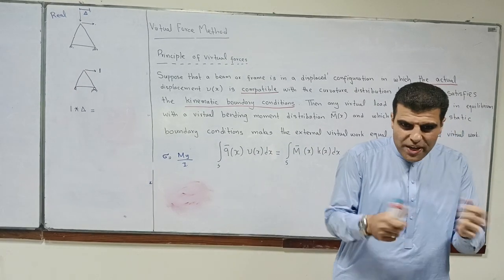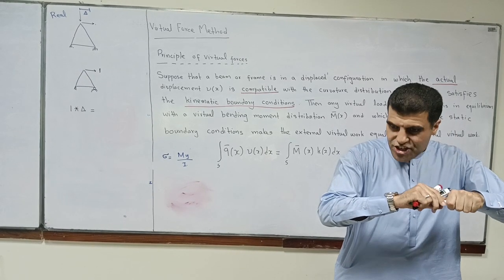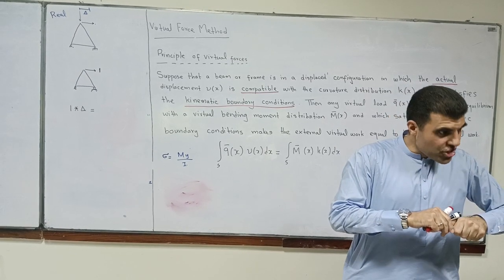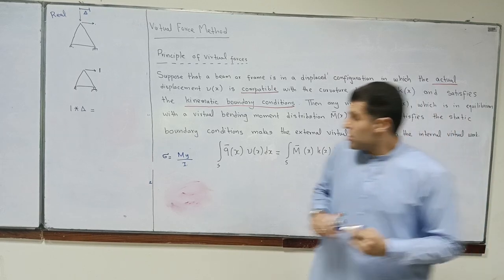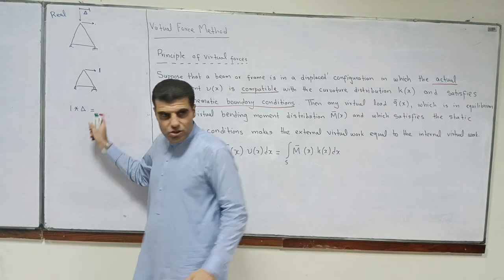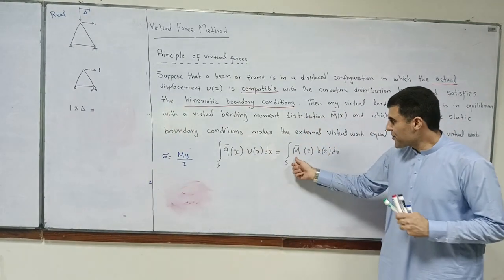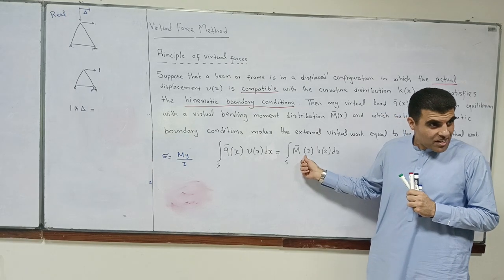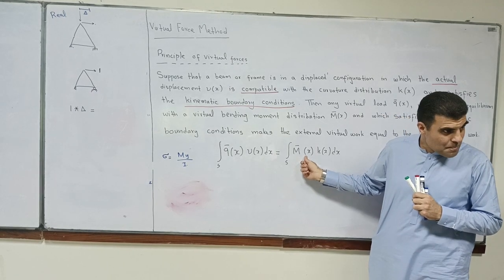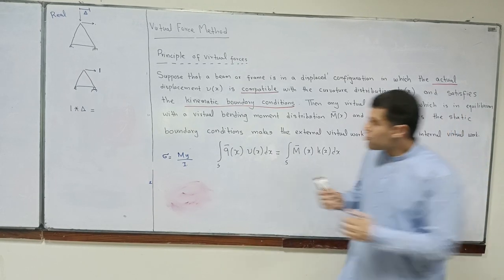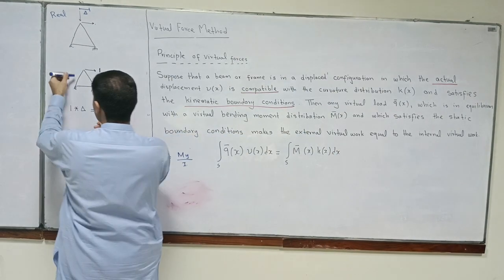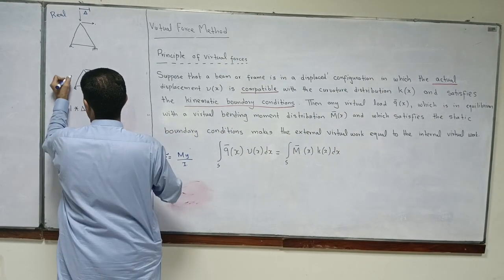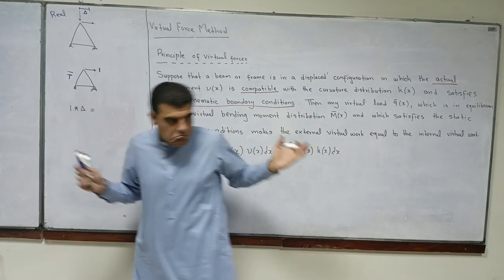So in trusses what do we have? Extension, so tension or compression, axial force. Instead of this we should have axial, but that should be virtual, shouldn't it? Imagine whatever internal load I get, that I call T bar.